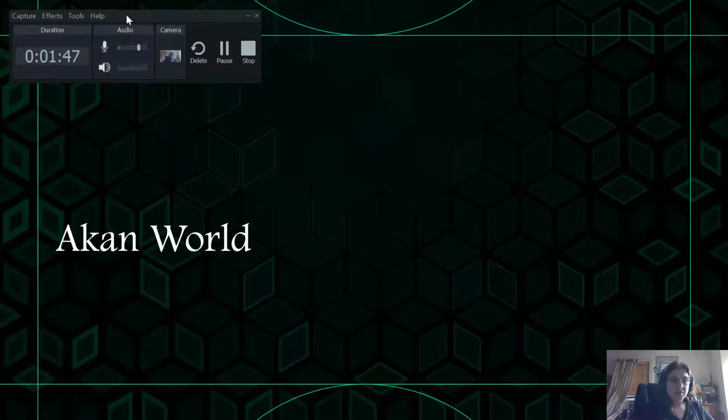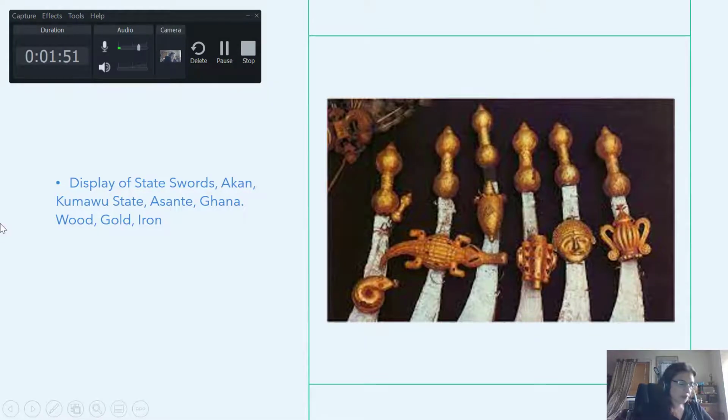unstoppable when aroused. Okay, so if I show you the next image here of some swords, we can look at these. Nearly all forms of Akan art have evolved so as to include one or many of these visual signs. Cast gold ornaments attached to state swords, as I'm showing you here, are good examples.